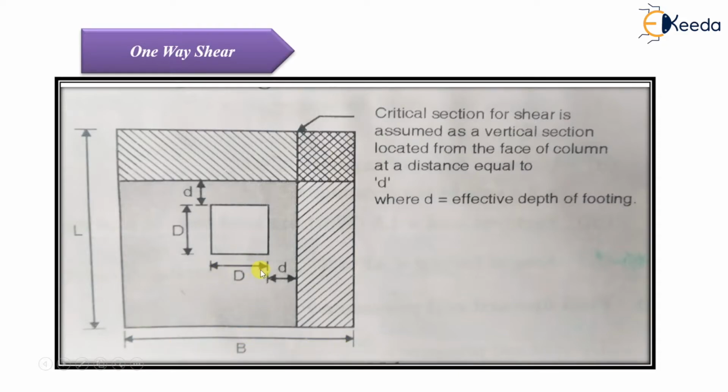The remaining portion will be this part and this part, so we have to divide it by 2, that means B minus capital D divided by 2. But again we have to deduct the value of small d, that is the effective depth. From that we will calculate the critical section width.